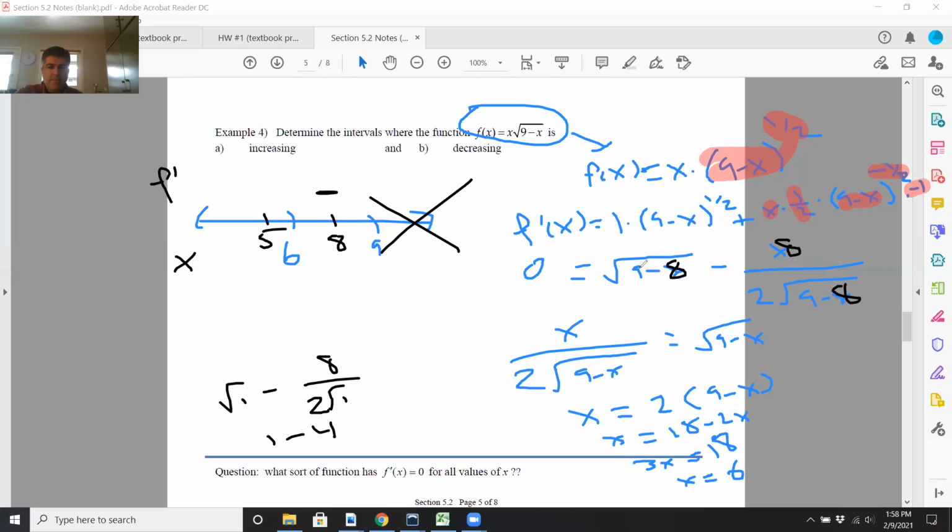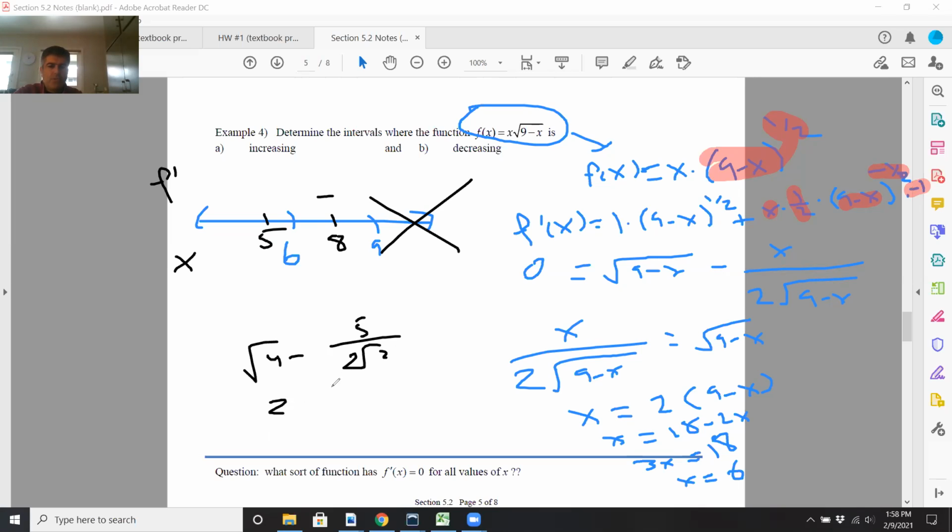If I plug 5 into my derivative, you have √4 minus 5 over 2 √2. So it's 2 minus 5/4. That's going to be positive. So I have a positive here. Clearly, I'm increasing on this interval and decreasing on that interval.